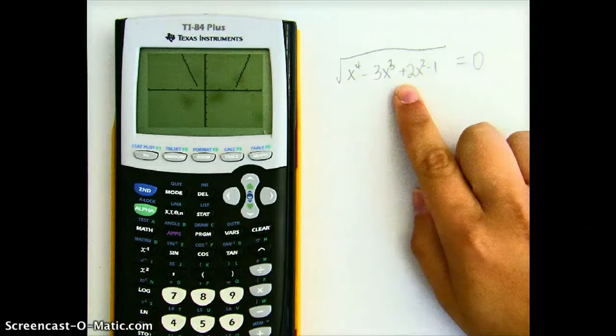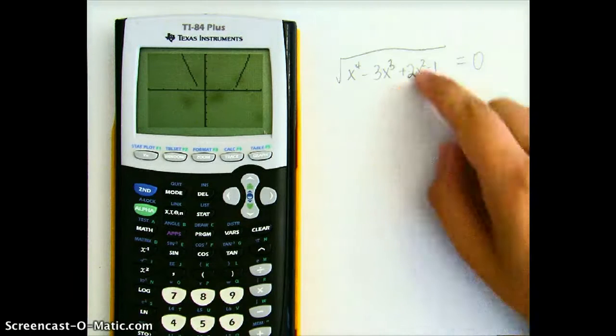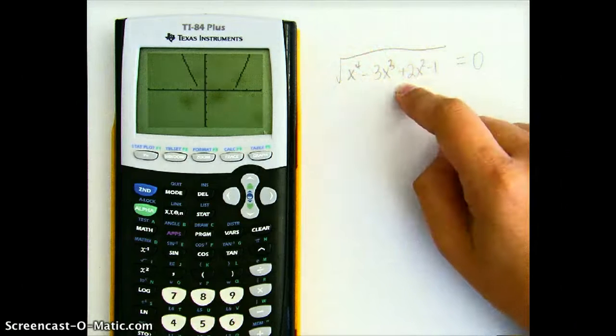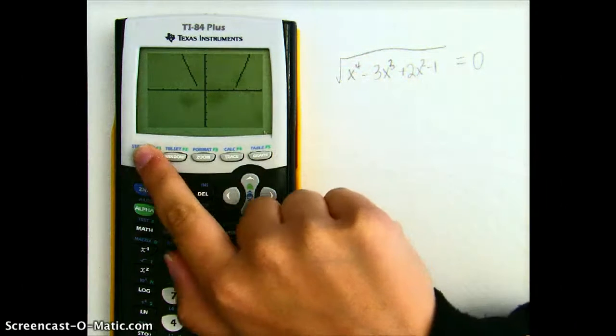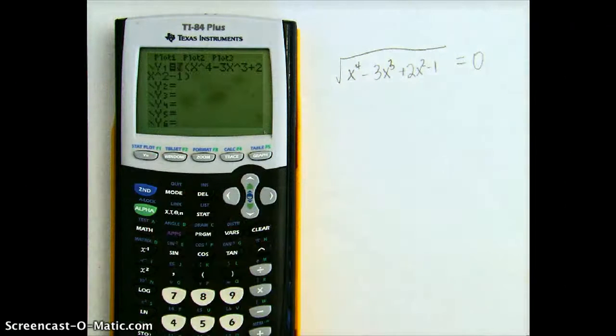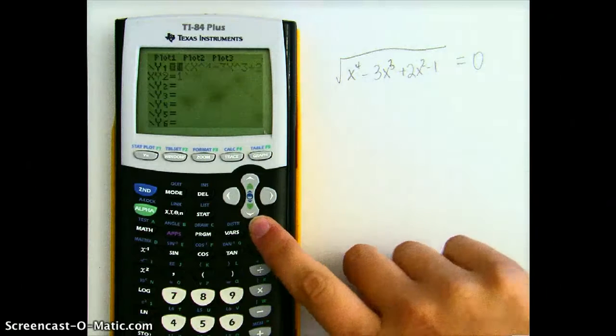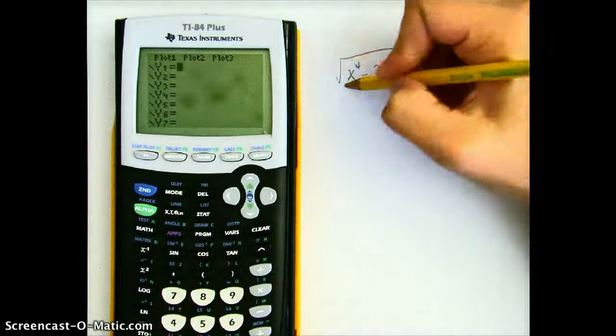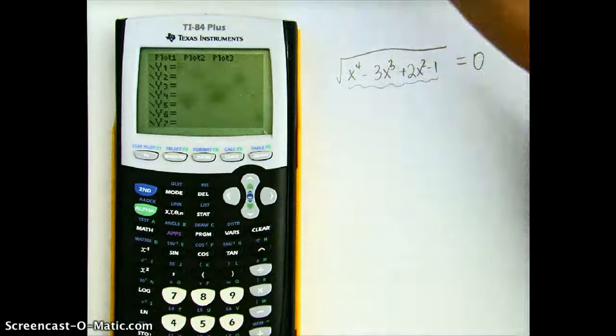The reason for that is because of your square root sign. But I know that this graph has zeros. There are ways that this equation can equal 0. So I'm going to go back to y equals, and instead of graphing the square root of the equation, I'm going to take away the square root and just plot what's inside of my square root sign.